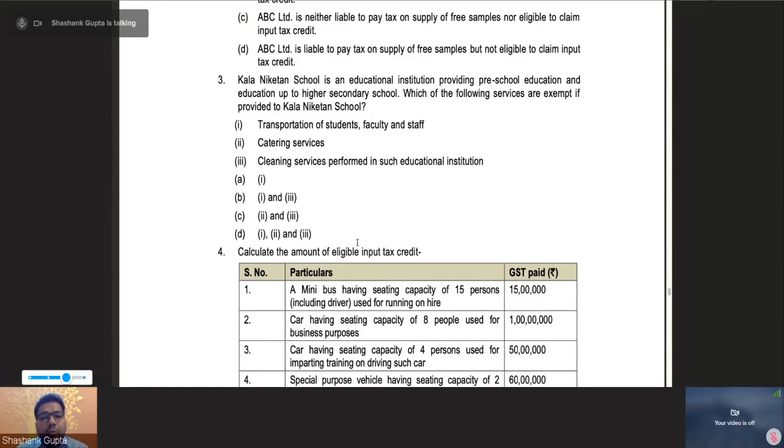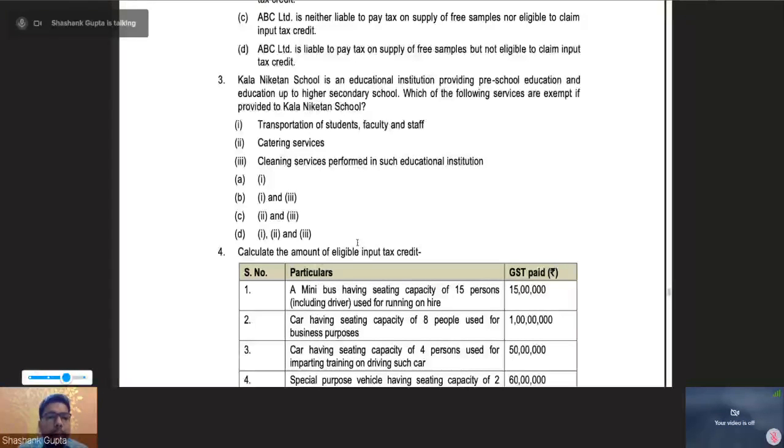Kala Niketan School, third question, is an educational institution providing preschool education and education up to higher secondary school. Which of the following services are exempt if provided to Kala Niketan School?